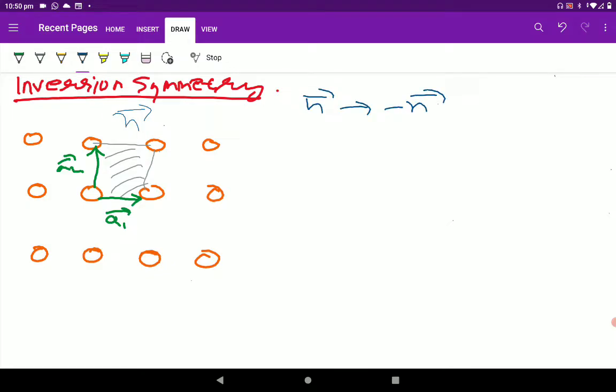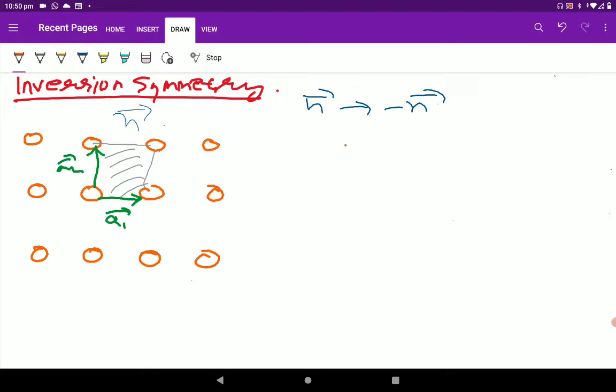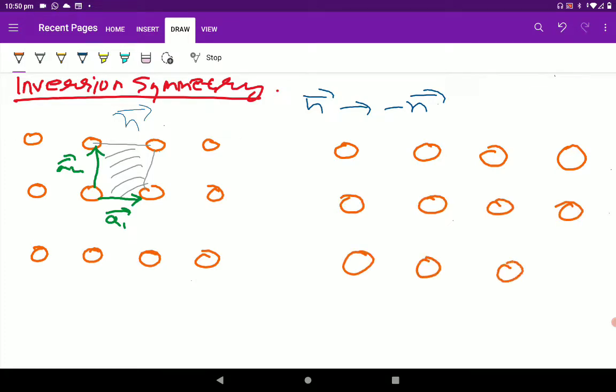We can represent it in a pictorial way, considering the same case. Now the arrangement looks something like this. This a1 vector flips in this fashion, and this a2 vector also flips in the opposite direction. So it will look something like this.